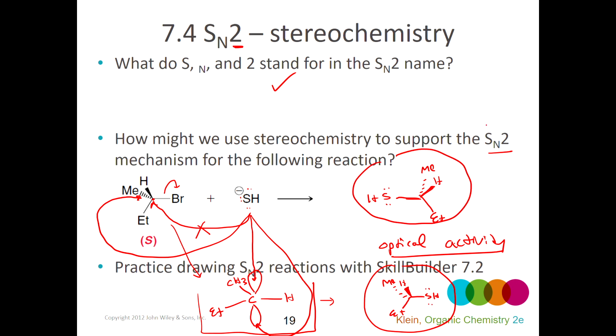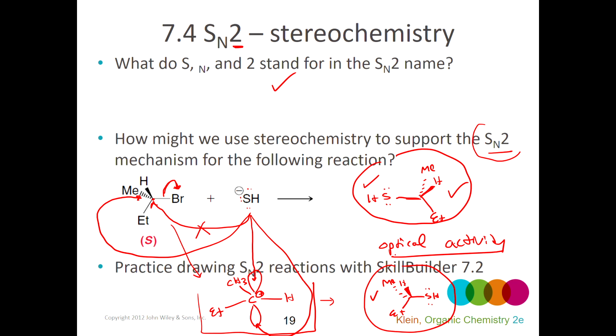So when the SN2 mechanism is the one that's occurring, the nucleophile has to come in on the opposite side from where the leaving group left, and I get one enantiomerically pure substance. If the leaving group leaves first, and I get a carbocation, then the nucleophile can come in from either side, where the leaving group left from, or from the opposite side, and in that case I get both of the enantiomers.